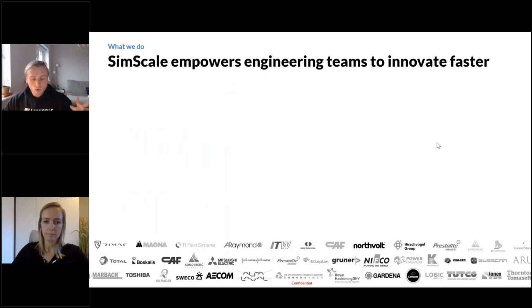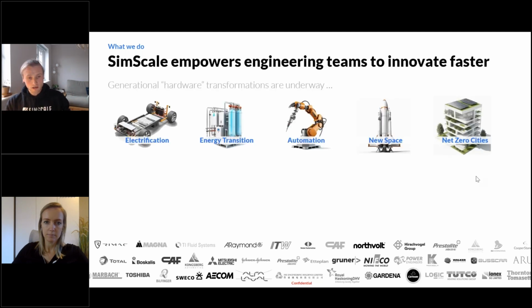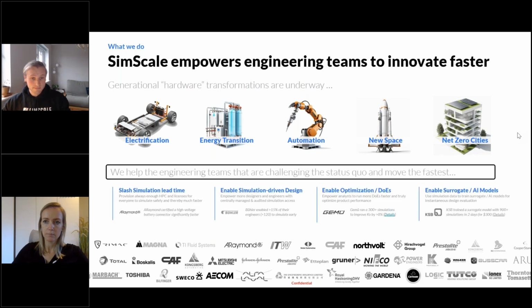So SimScale, what we are about is empowering engineers to innovate faster. We really see a lot of traction within new industries, or not necessarily new industries, but there are massive transformations going on, and simulation is a massive part of that.